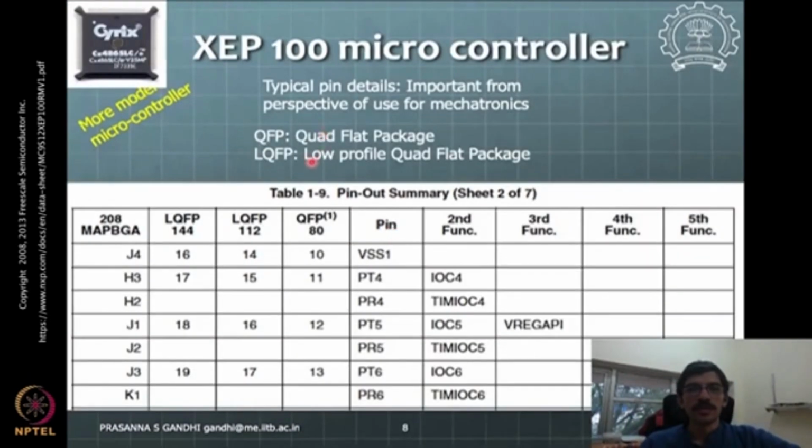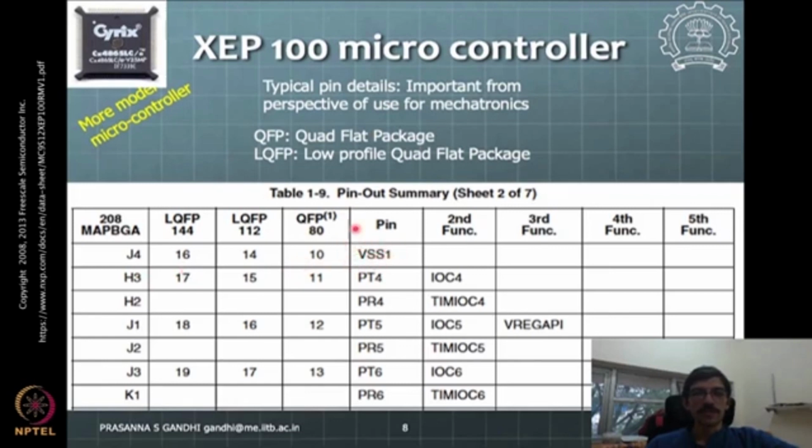So this is another important aspect to consider, that the pins may have different functions. Pin details should be given: which pin number is connected to what, and its function will be given. This pin diagram will be given in detail for each of the microcontrollers. So XCP100, for example, this is pin VSS.